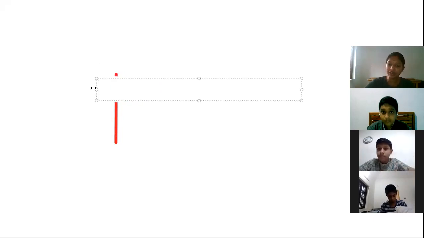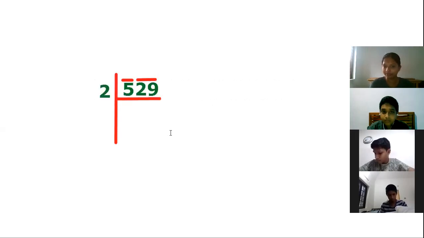What happens when we divide this number by 2? We just want to divide the first number only. Which is the first number here? 5.